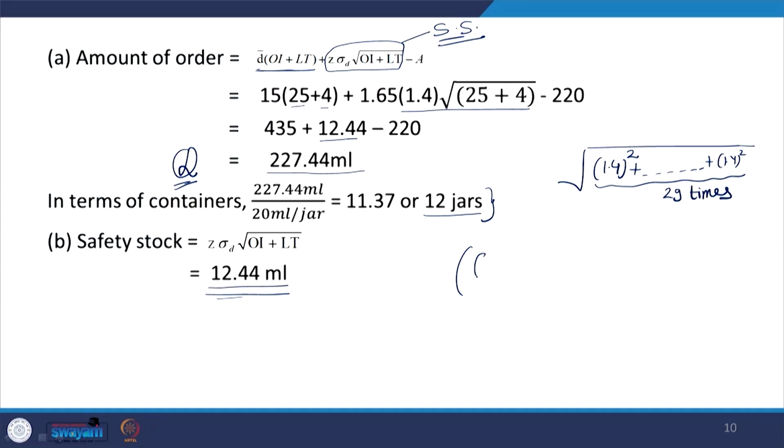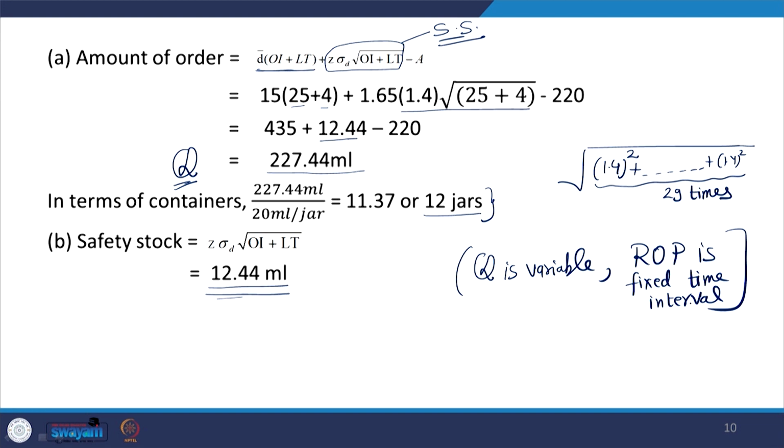So, here you see your order quantity Q is variable and ROP is at a fixed time interval. So, the meaning is whatever is available at that particular time.